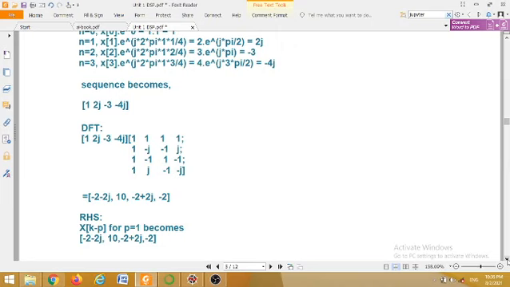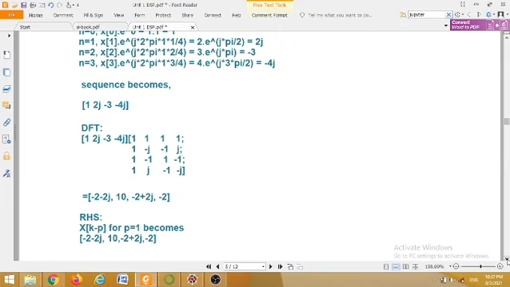This is the shifted sequence of X of k. So X of k shifted by 1 unit, periodically, is a circular shift: the last sample takes the first sample's position, giving minus 2 minus 2j, 10, minus 2 plus 2j, and minus 2.